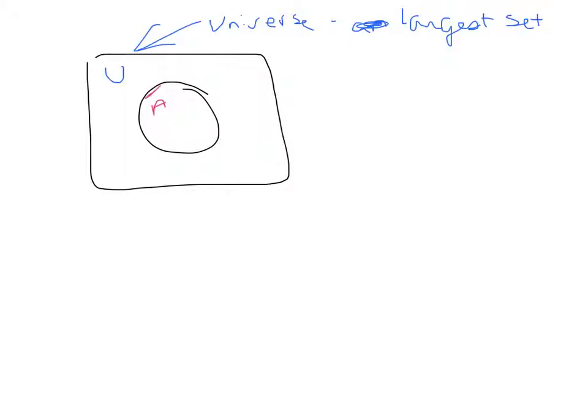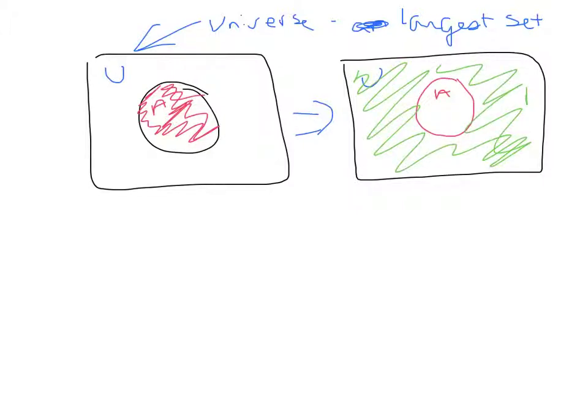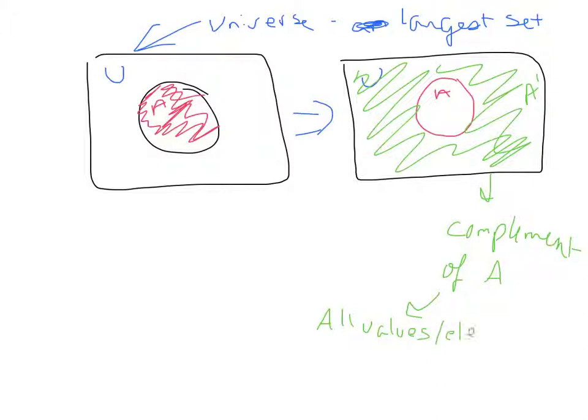If I say that this is A here, when I'm looking at the universe here, which is like the whole range of possibilities, what I'll say is that the outside of this, shaded in green, is what becomes called the complement of A. What I mean by the complement of set A is all the values or elements that are not in A. So for example, if A is weekdays, Monday, Tuesday, Wednesday, Thursday, Friday, the complement of A would be the weekends, Saturday and Sunday.